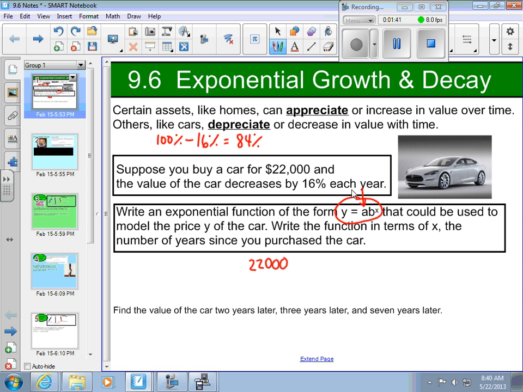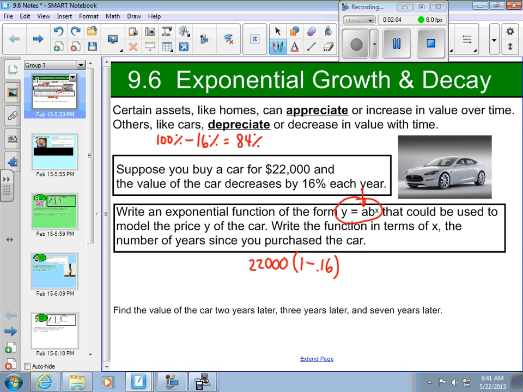So what we want to do in this problem, since it's a decreasing one, is subtract that 16% from 100%. Or another way of thinking about it, if we change to decimals, we would be subtracting our percentage from 1. So if we change 16% to a decimal, it would be 1 minus 0.16.